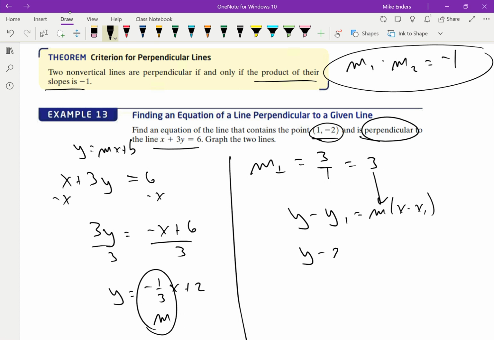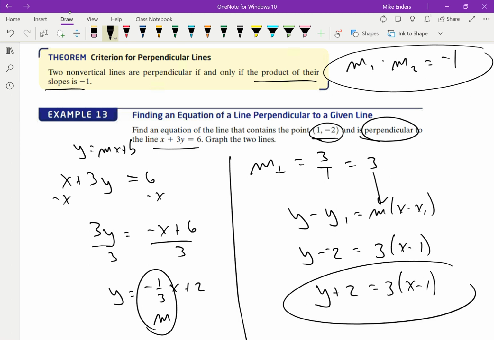So y minus the y coordinate of that, so it's a double negative there, equals 3 times x minus 1. I could leave it that way, or I could rewrite it as y plus 2 equals 3 times the quantity x minus 1. And so there we go.